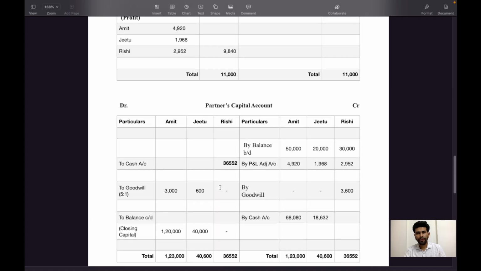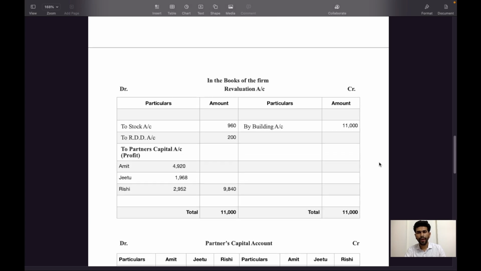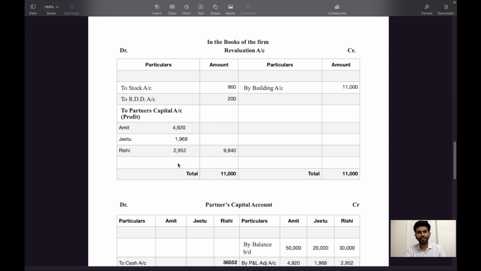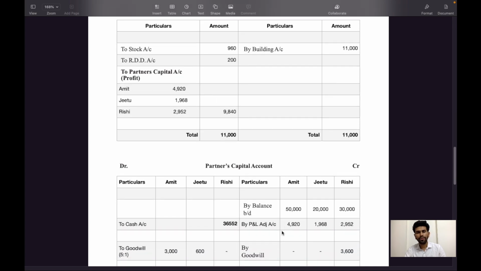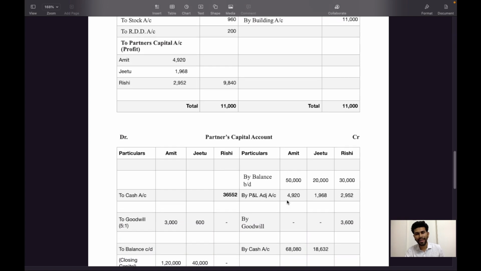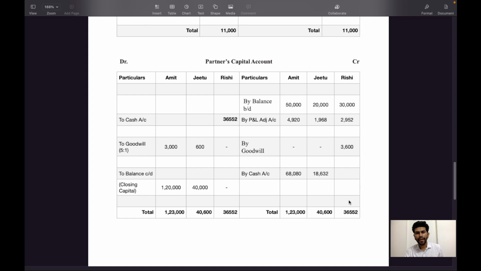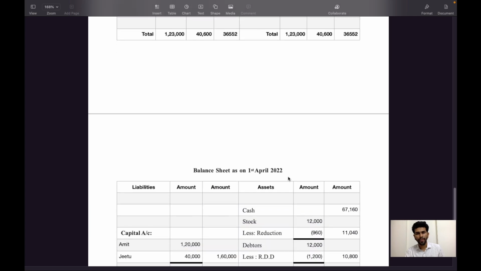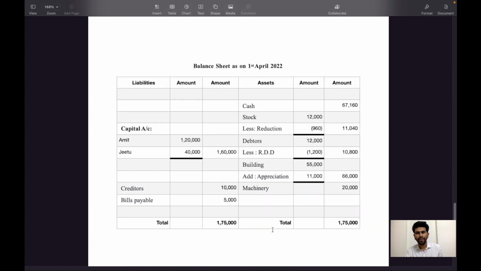So we have prepared revaluation account. Balancing figure is distributed to old partners in old ratio and it is shifted to opposite side of partners capital account, that is from debit side of revaluation account to credit side of partners capital account. Then balancing figure is adjusted in cash as given in the adjustment and balance sheet is tallied.